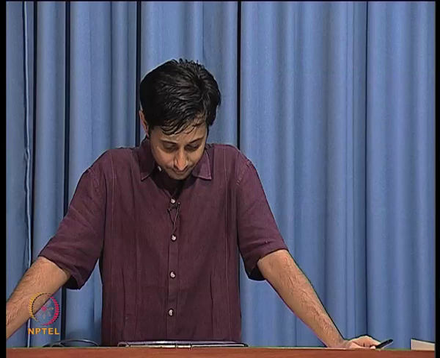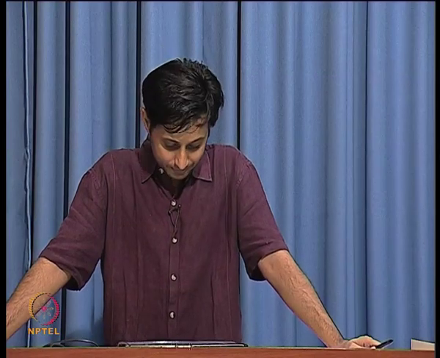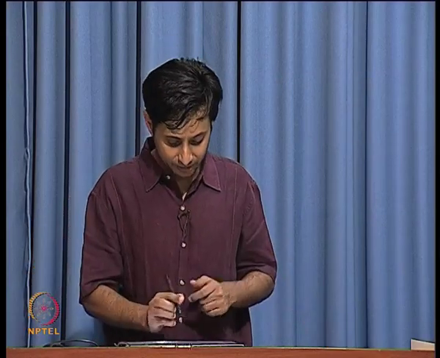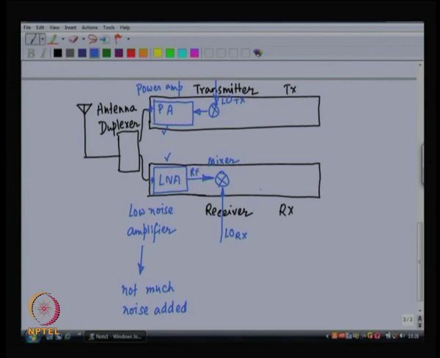These two frequencies are generated on chip, they are different, and these two frequencies mix with the RF signal or with the baseband signal, and create the low frequency or the high frequency, whatever you want, depending on Rx or Tx, right. So, we are going to talk about the mixer as well in this course.